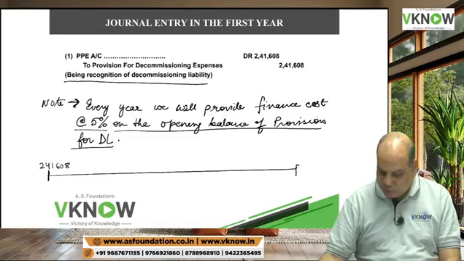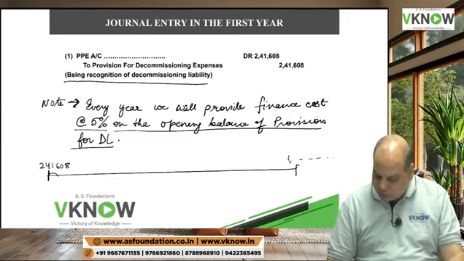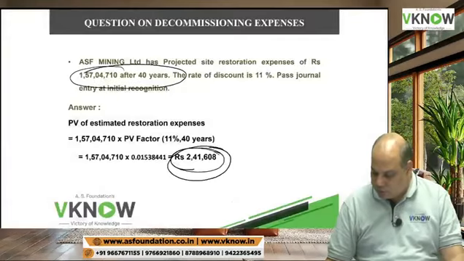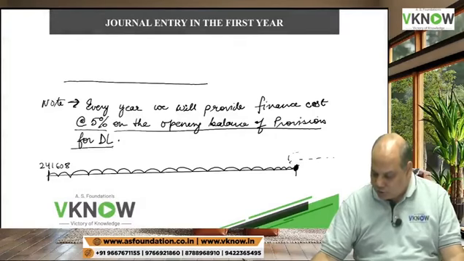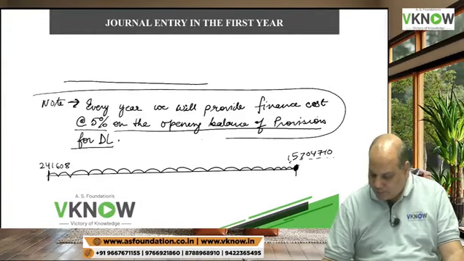241,608, but the amount payable is 1 crore something. So every year I will add 5%, 5%, 5%, so that at the end of the 40th year, the balance will become equal to 157,04710. This is the meaning of this line.